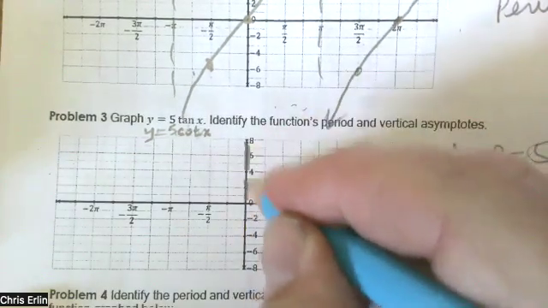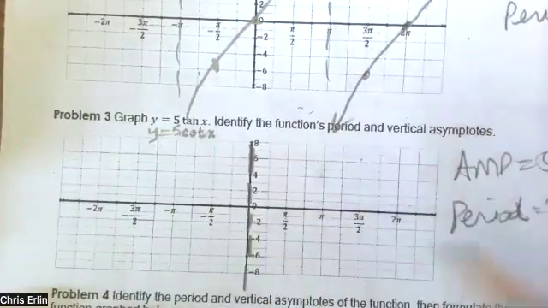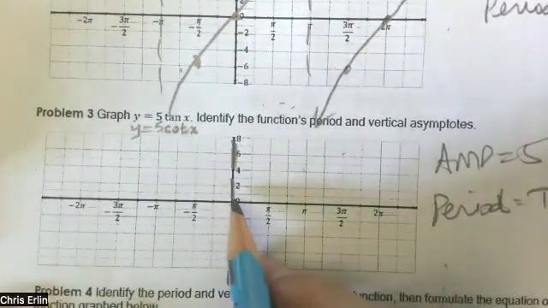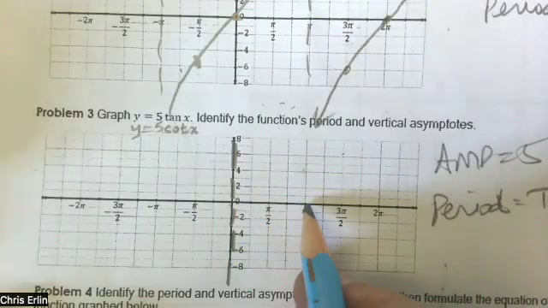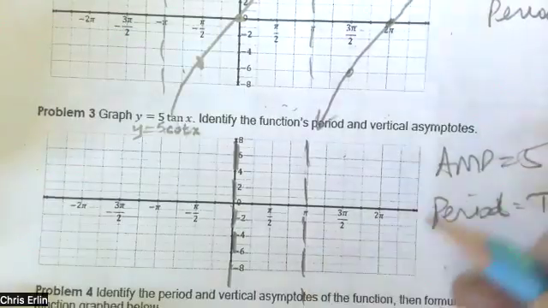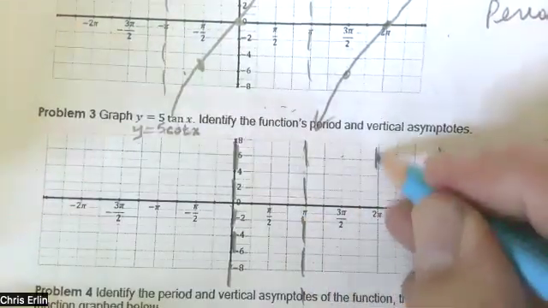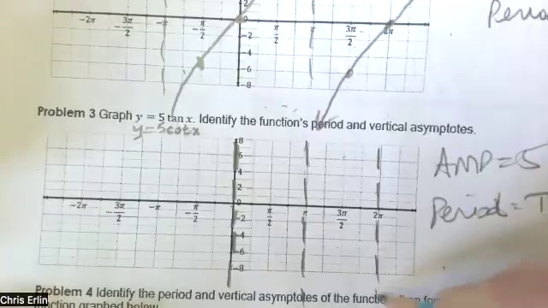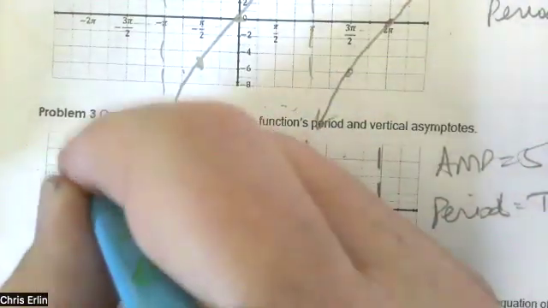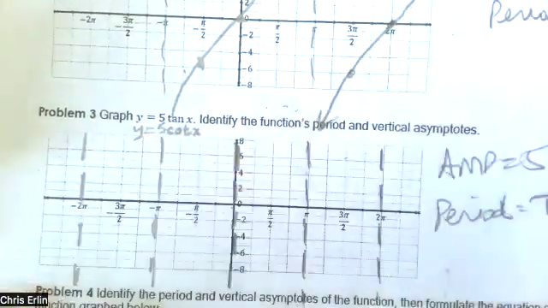So we're starting with an asymptote on the y-axis. And since the period is pi, let's go a whole period to pi and put another asymptote. That's the beginning of the next cycle. We can go up to 2 pi and do the beginning of the next cycle. Back to negative pi. Back to negative 2 pi.